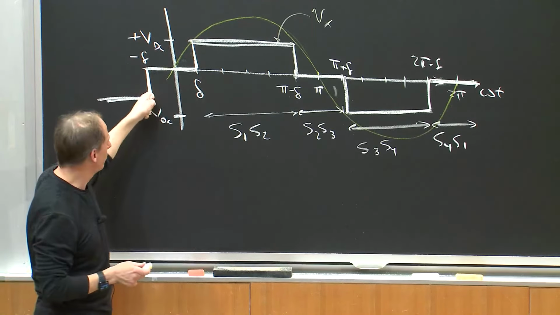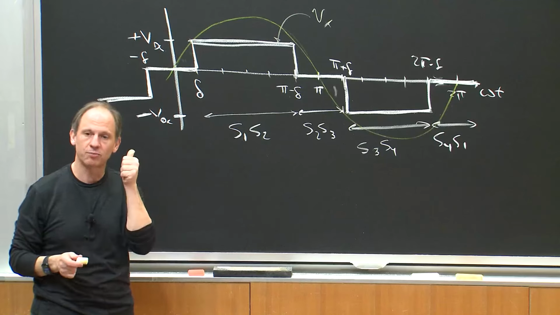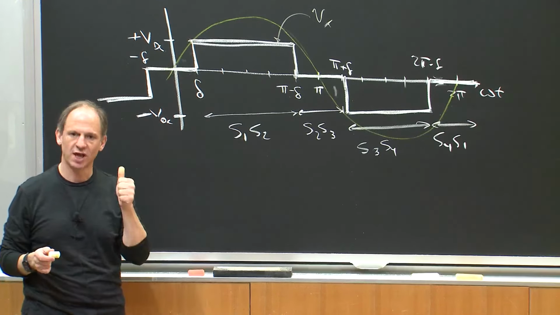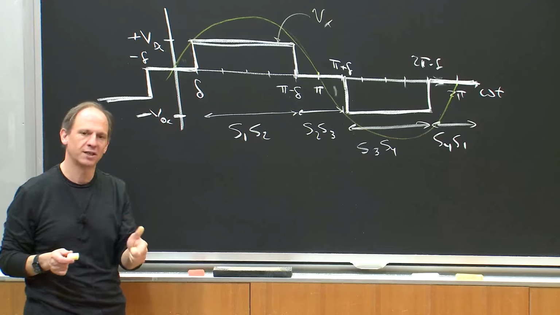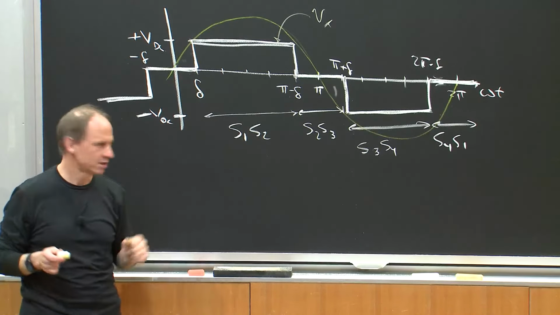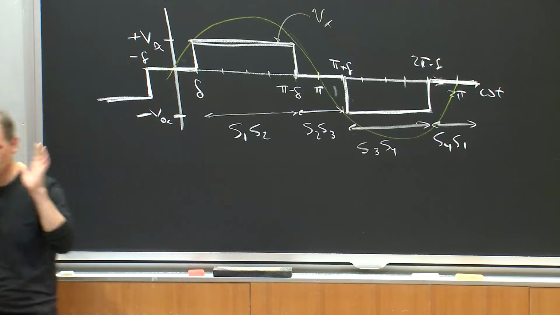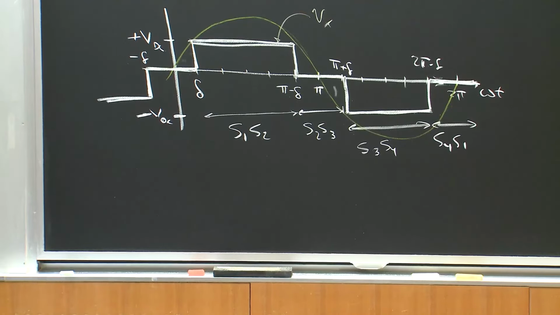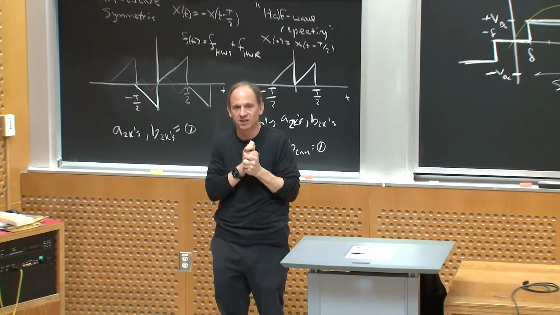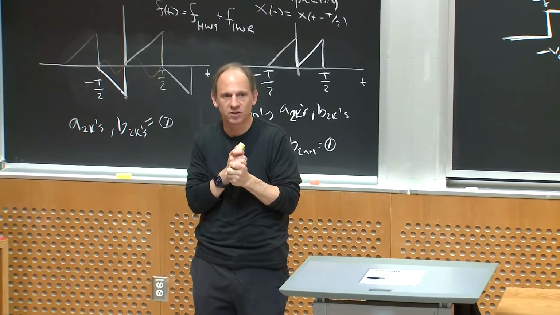So what I know is this white waveform is odd, it comprises only sine components. So it comprises only sine omega t, some amount of sine of 3 omega t, some amount of sine... It has only sine terms as far as I have told you so far. There are no cosine terms in this thing. So that's good because I'm building it out of the things I would want to build it out of. Any questions about that?